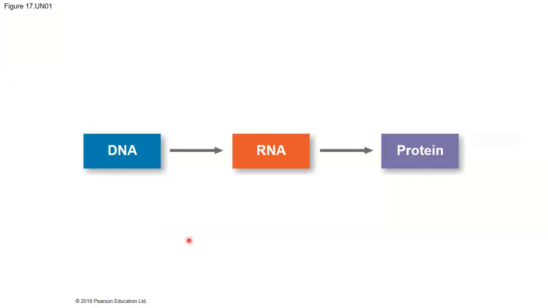So this is how the genetic information flows. From DNA to RNA to protein. The information in DNA is converted into RNA by a process called transcription. That's it.